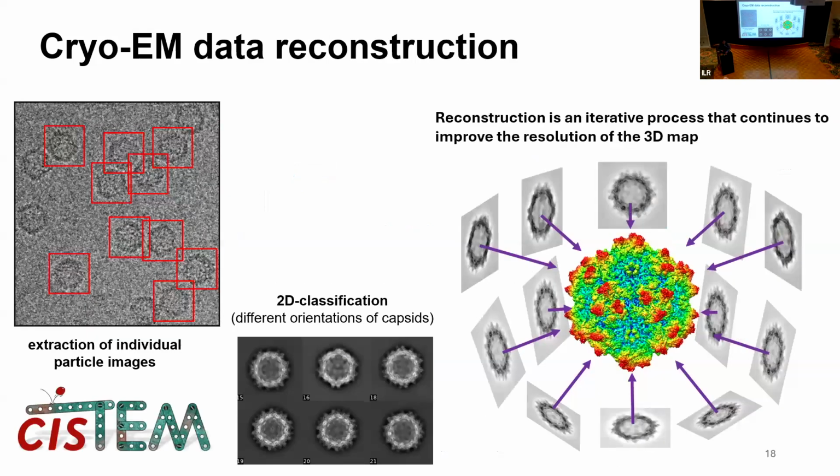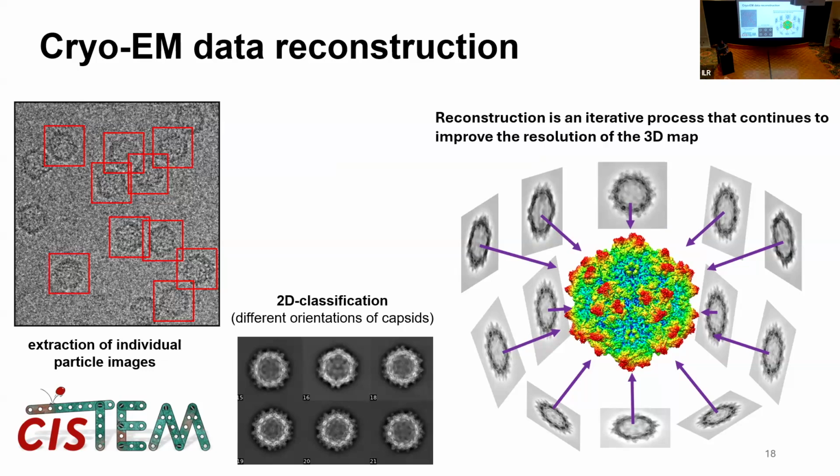All right, so once we've collected our data set, you get thousands and thousands of these micrographs. The rest of the work is now done inside computers using programs such as RELION. More popular now, there's also something called CryoSPARC. So you have different options to process this data set of micrographs. The first thing you do is the computer will pick out what is a particle so that you have those to work with.